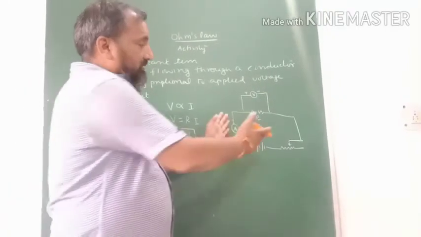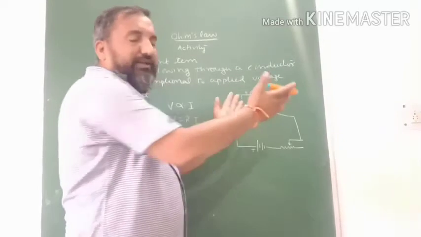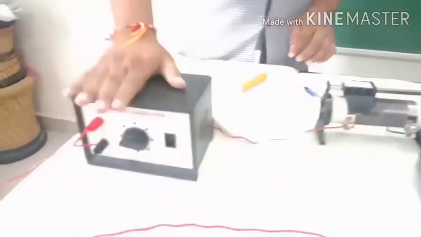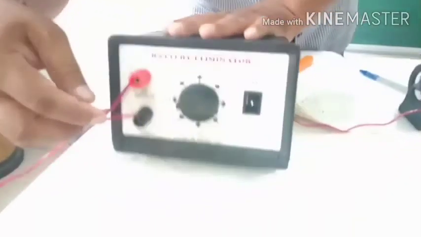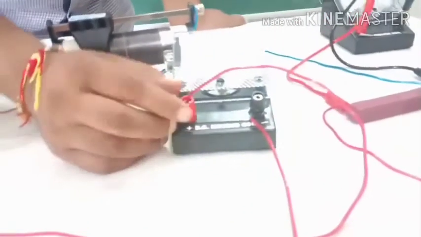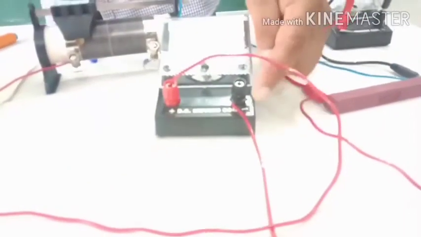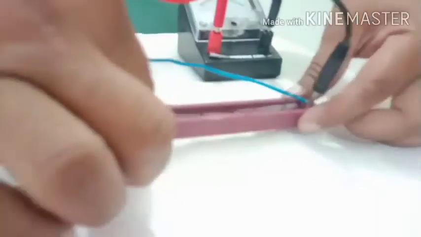Now this setup we have made as an electrical circuit on the board. This is a battery. The positive end of the battery is connected to the positive terminal of the ammeter. The negative terminal of the ammeter is connected to the resistance. This is the resistance, you can see.